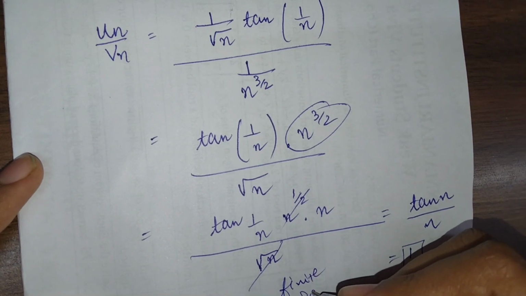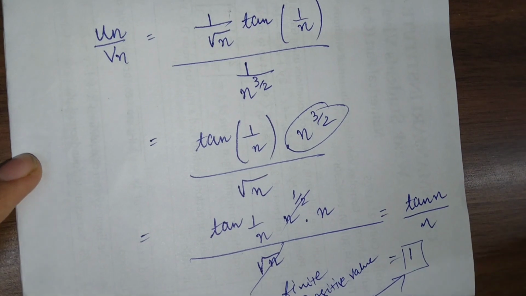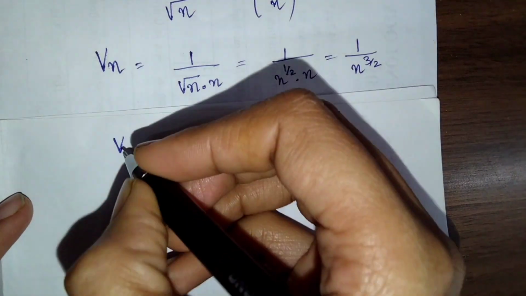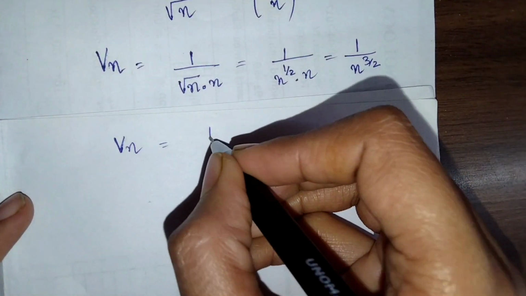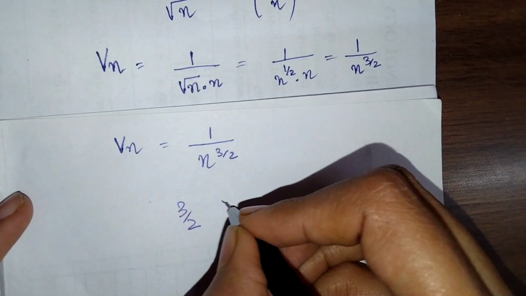We got finite and positive value. So again, according to comparison test, whatever will be the value of Vn, that will be the value of Un. If Vn will be convergent, then Un will be also convergent. The value of Vn is 1 by n raised to 3 by 2. And 3 by 2 is greater than 1.